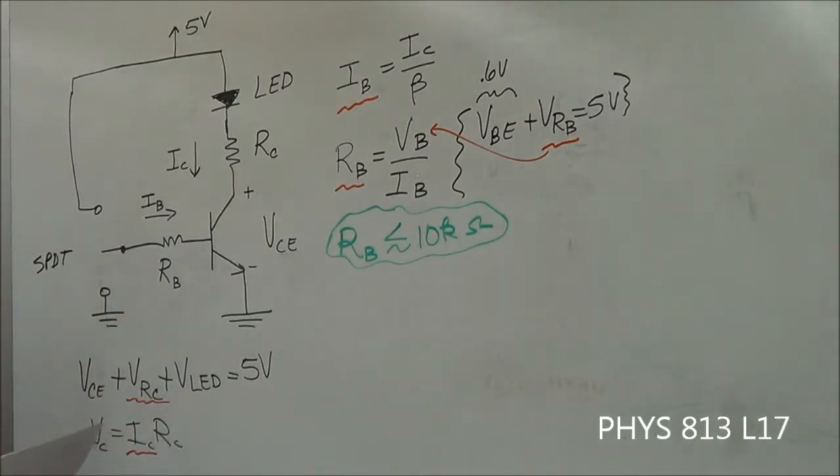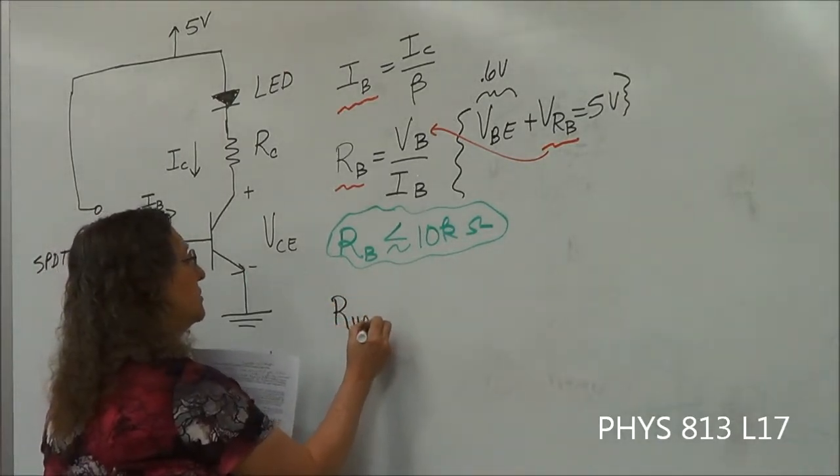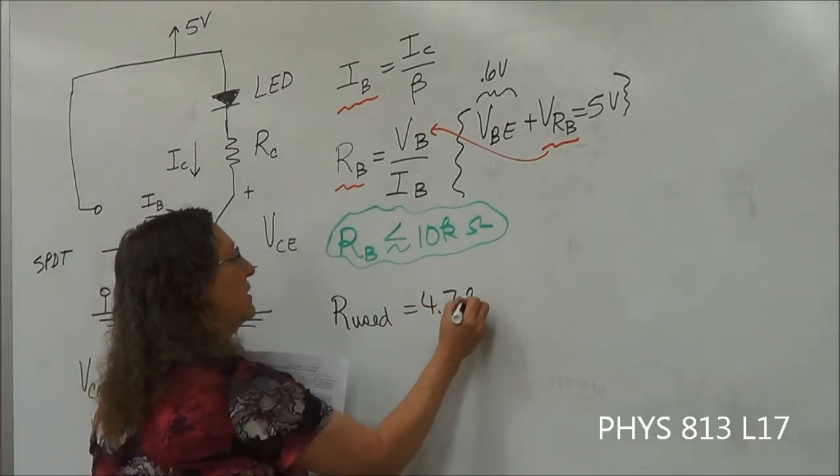Since I have already done these calculations, I decided, there are probably other resistors we have, but I decided to use a 4.7K resistor. So that's what I'm going to put up here. The resistor that's used is going to be 4.7K.